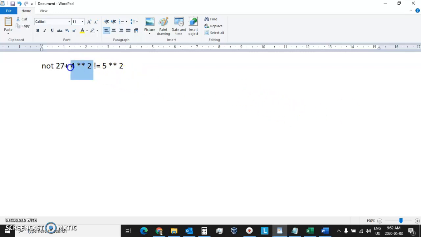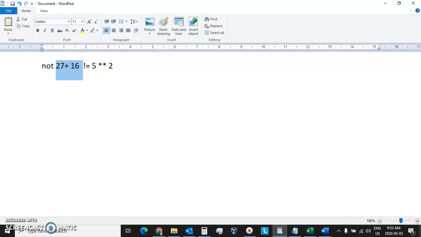And 4 exponent 2, so 4 times 4 is 16. So add the 2 together, 16 and 27, I believe, gives us 43. So we'll put in 43 there.